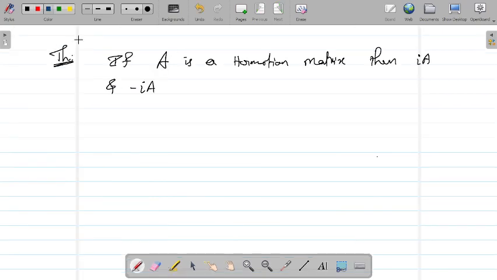Let's try to see. Given that A is Hermitian, that is A star equals A, that's what we know. Now we'd like to investigate iA.